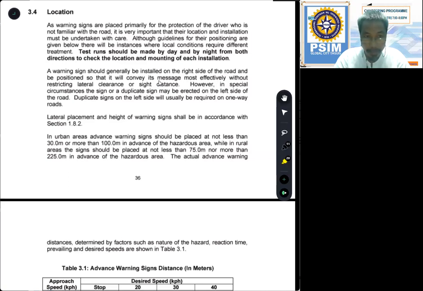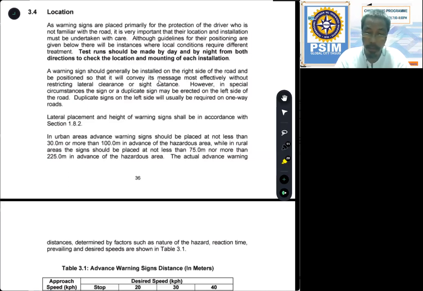While in rural areas, the sign should be placed at not less than 75 meters, nor more than 225 meters in advance of the hazardous area. In rural areas, we are expecting vehicles to be traveling faster, unlike in urban areas, which are much more populous.